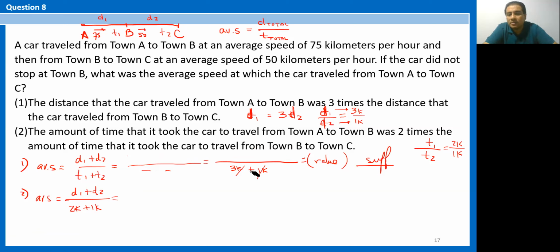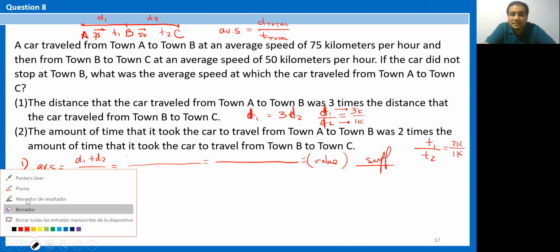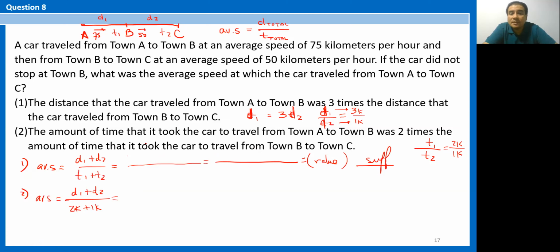Let's just go back a little bit. Because here, you have that the distance 1 can be expressed as actually 3k plus 1k, the distance 2.